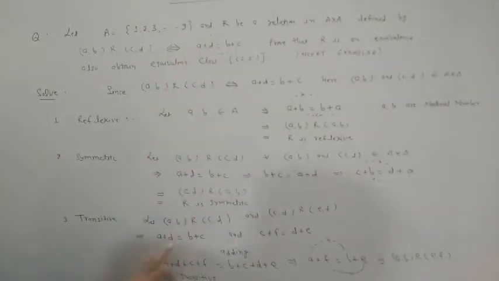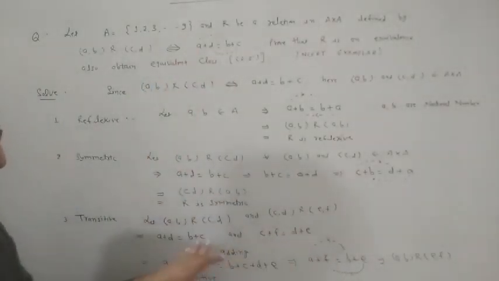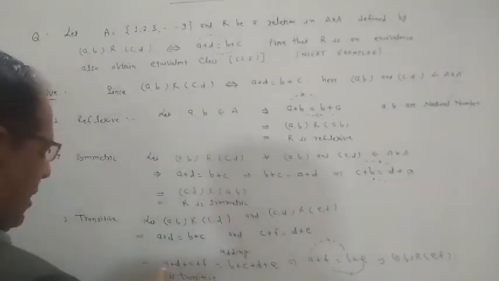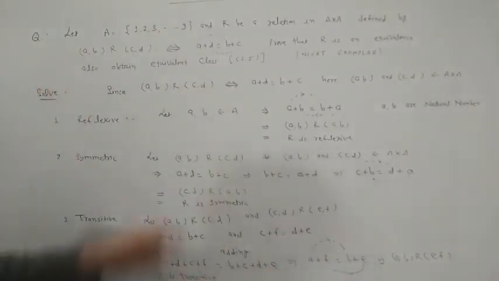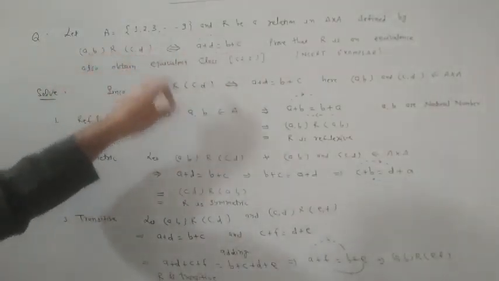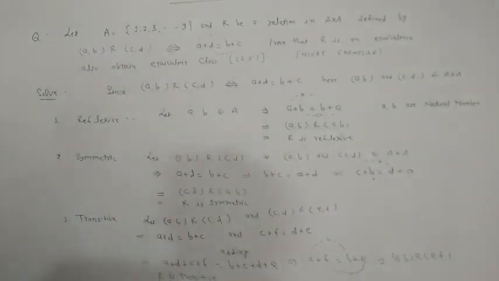According to the definition, a plus d equal to b plus c and c plus f equal to d plus e. Adding both equations, d and c are eliminated from both sides, so we have a plus f equal to b plus e. Now using the definition again, we have (a, b) related to (e, f), so R is transitive.